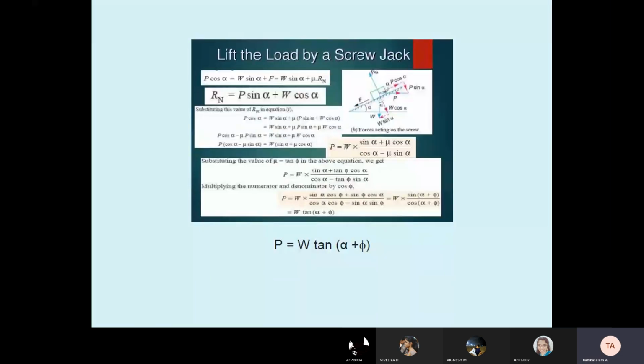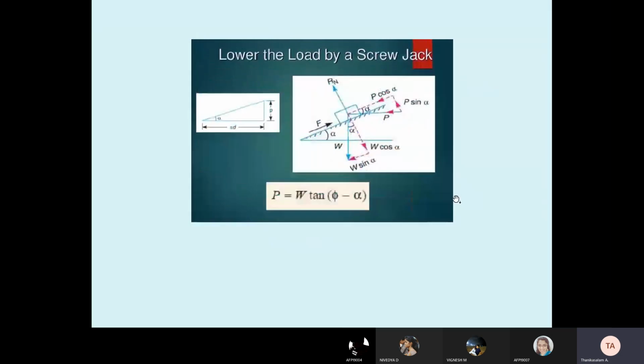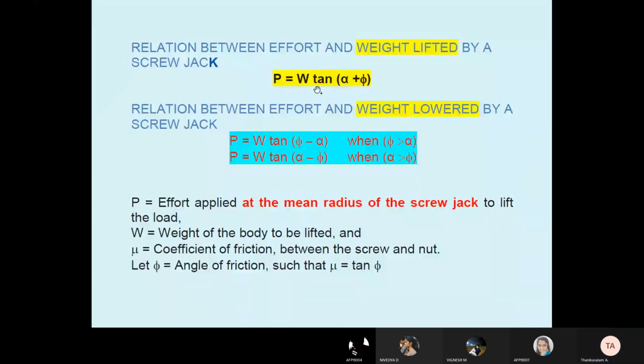See, this is the diagram. You can understand. We can apply the load here itself at the mean radius, so we can say P. When applied at the end of the lever, you can say P1. We have the P formula: P equal to W into tan alpha plus phi, for lifting.